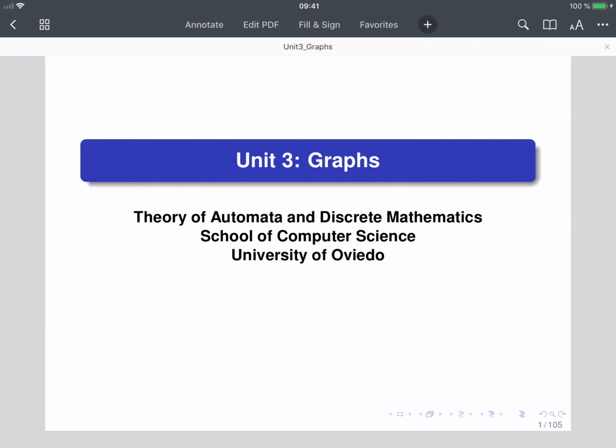So we have selected graphs as probably the most important topic that we can cover here related to discrete mathematics. You will see that it has many different applications both in computer science and outside of computer science, and you will find graphs almost in every other course that you are going to take in some way or another.